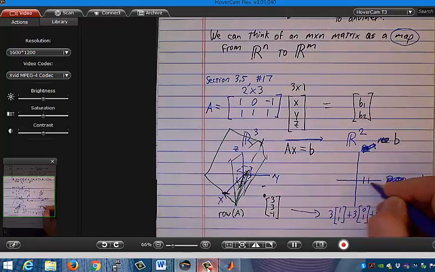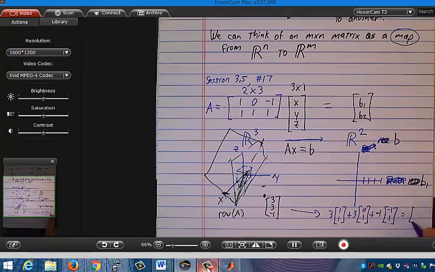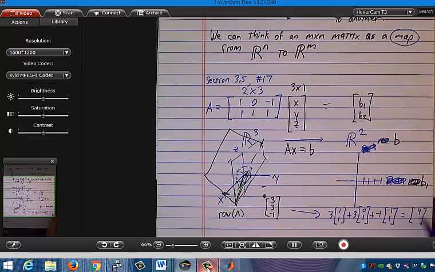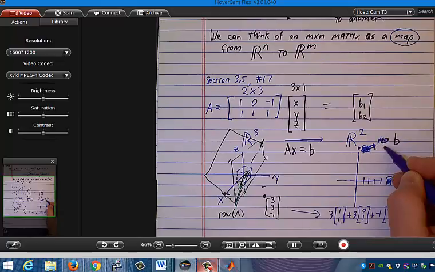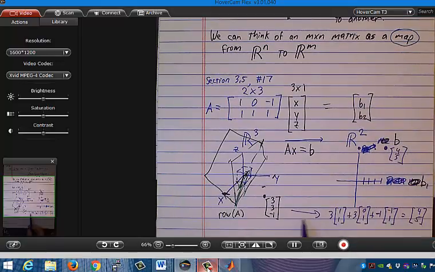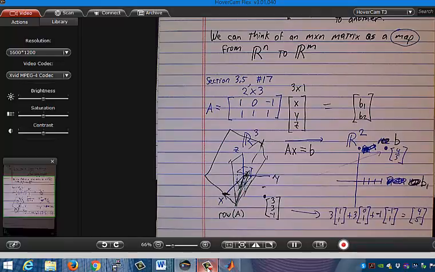It gets sent to 4, comma, 3 plus 3 is 6, minus 1 is 5. 4 comma 5. So it gets sent here. Somehow this point gets mapped there. Are you with me? Okay.